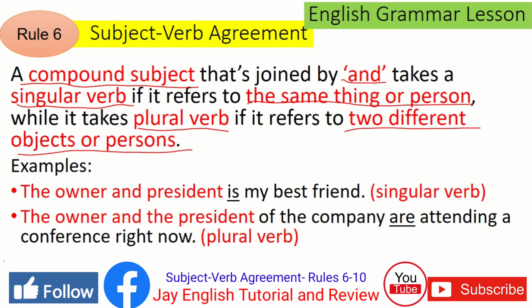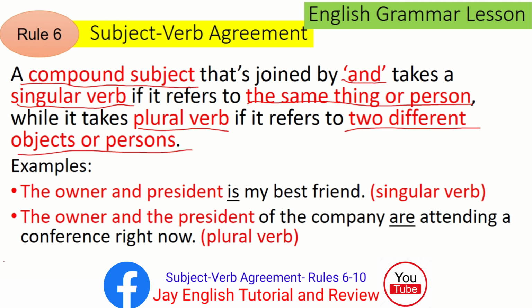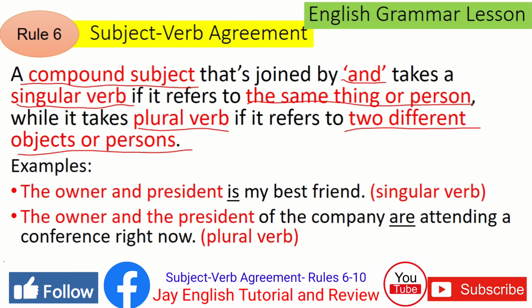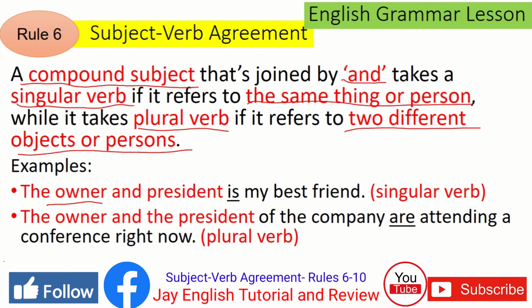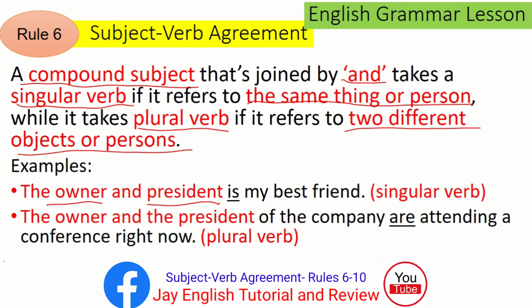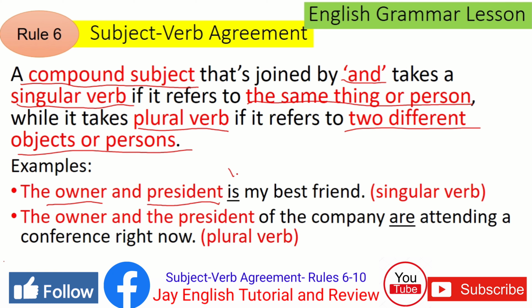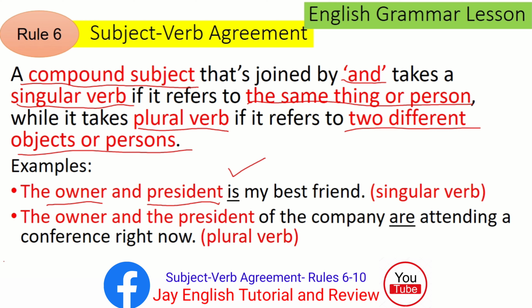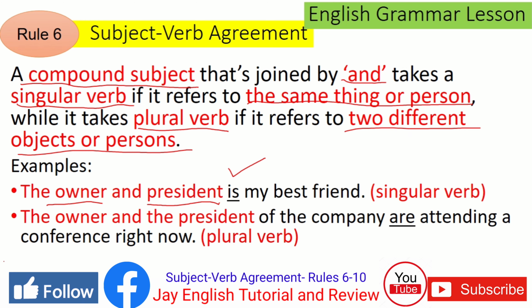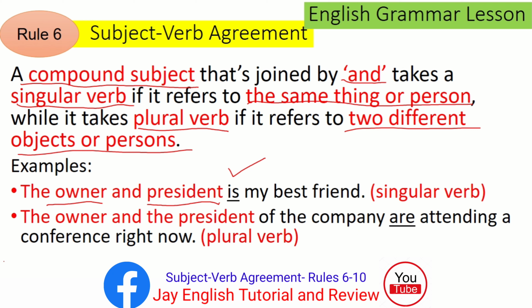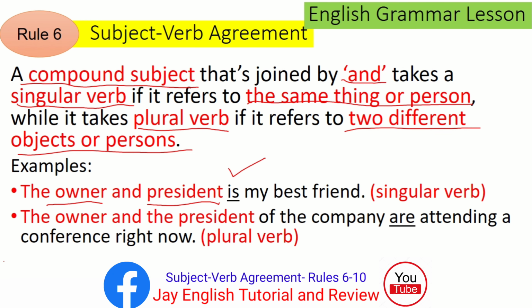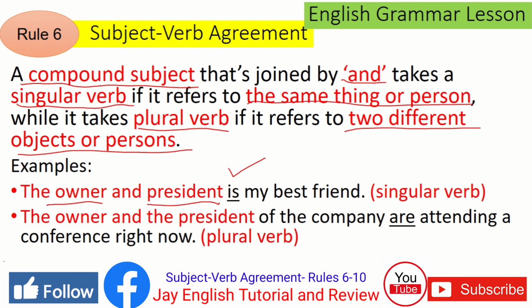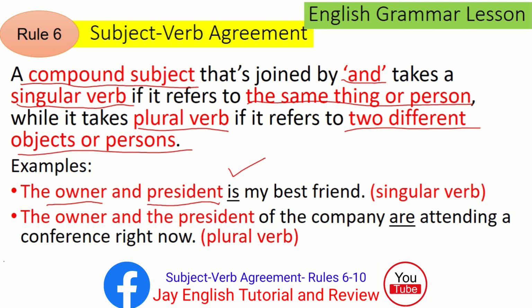For example, "The owner and president is my best friend." So we have here a compound subject, and these are the owner and president. And we are using the verb "is," which is singular, because the owner and president in this sentence is just referring to the same person, or it means that there is only one person involved in here.